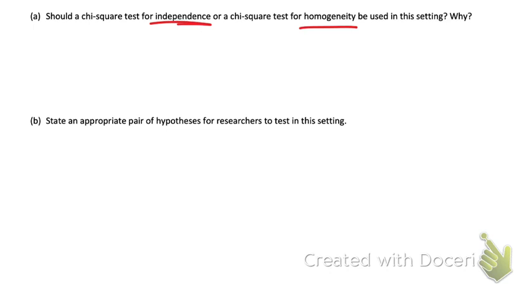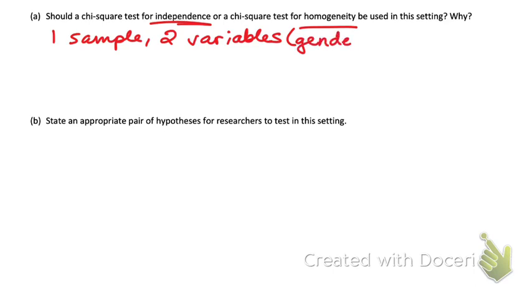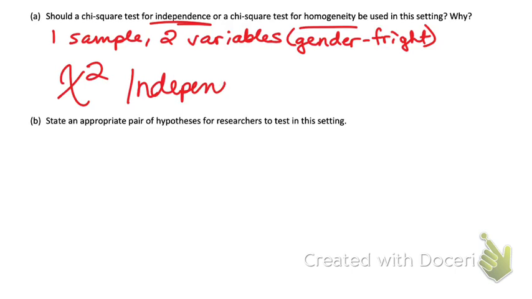But when I took that random sample, what did I notate? Two variables, gender and fright symptoms. So this is one sample, two variables, gender and fright. And so this would be chi-squared for independence.